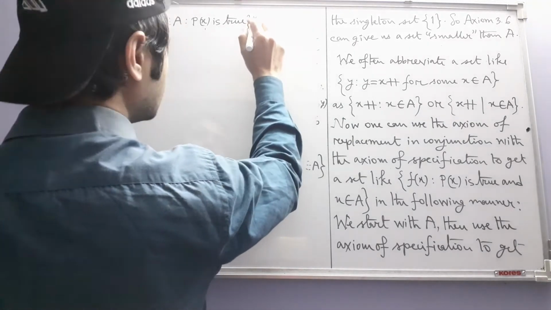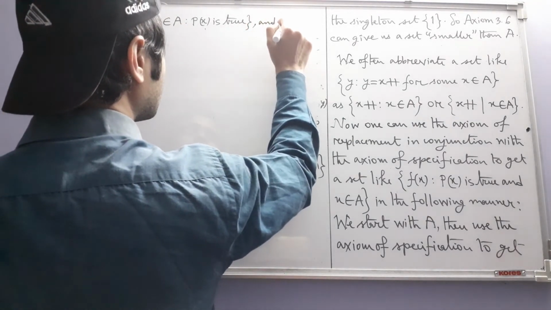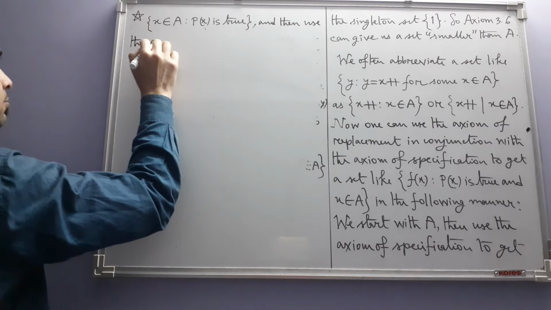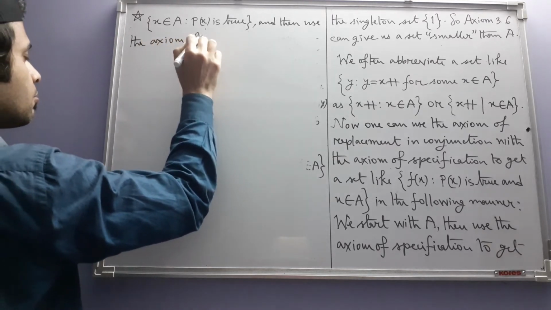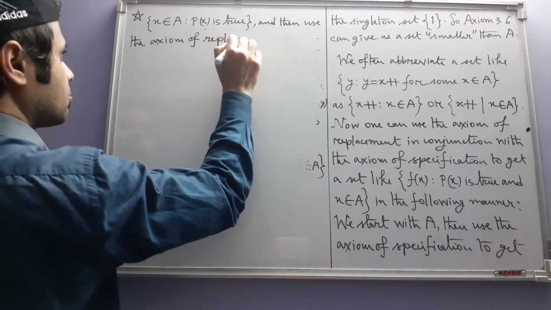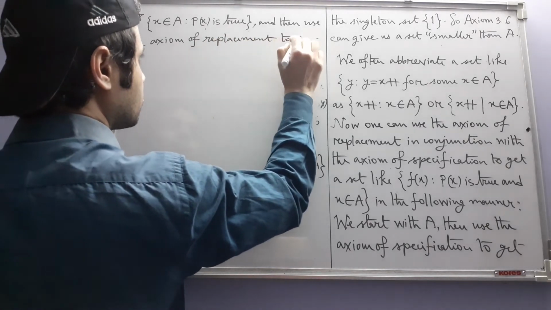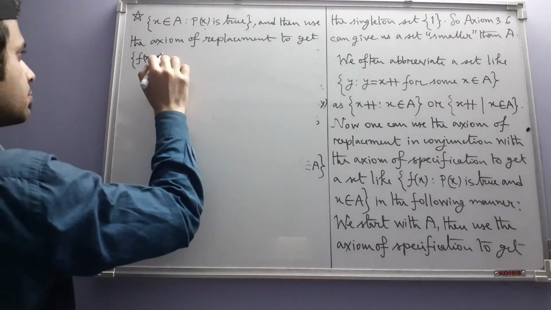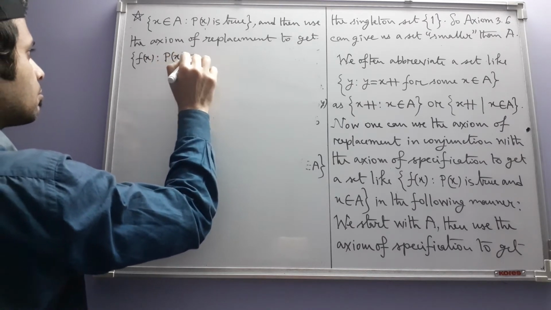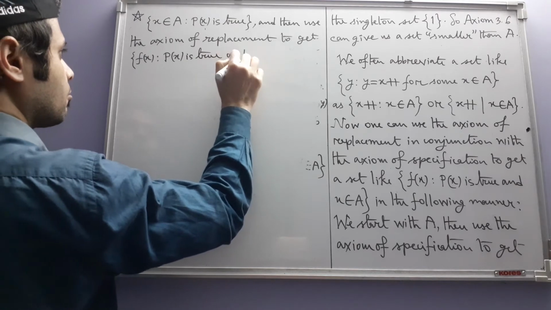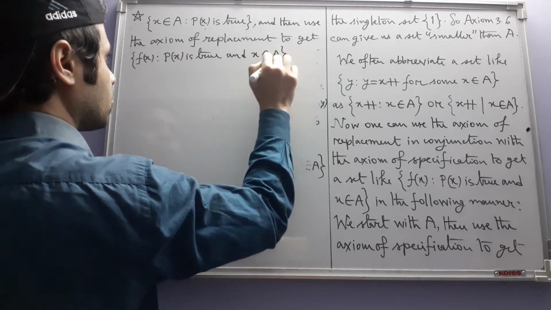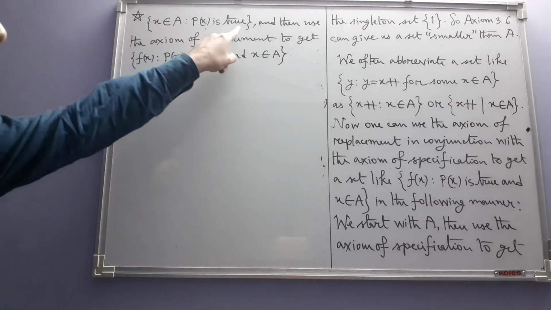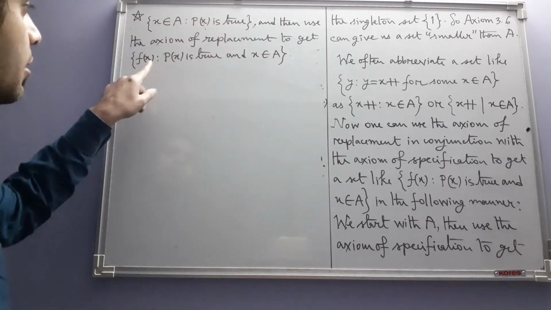And then use the axiom of replacement to get this final set, where we are replacing each element x in this set, not in A but in this set, by f(x).